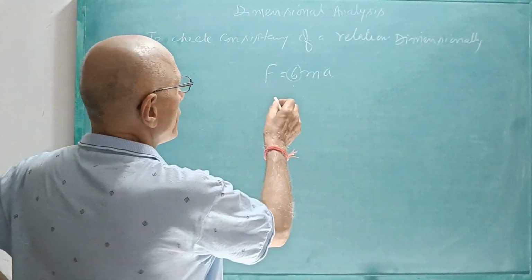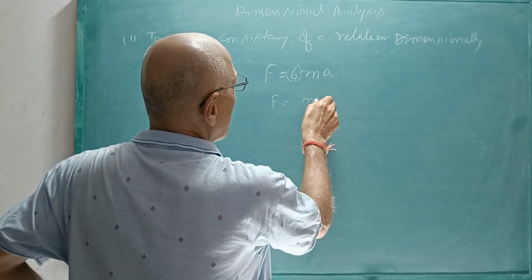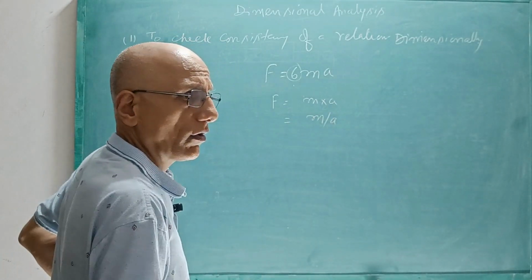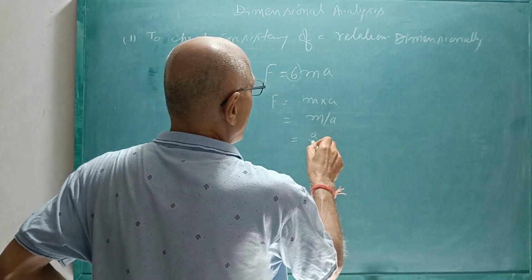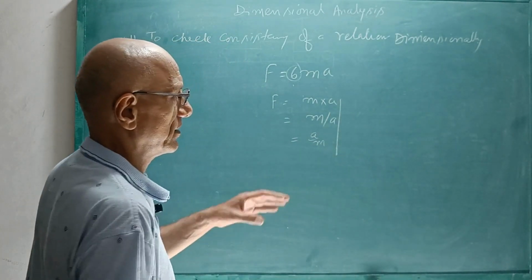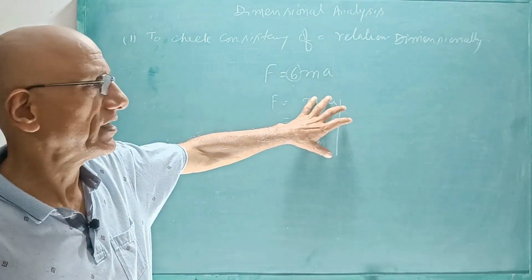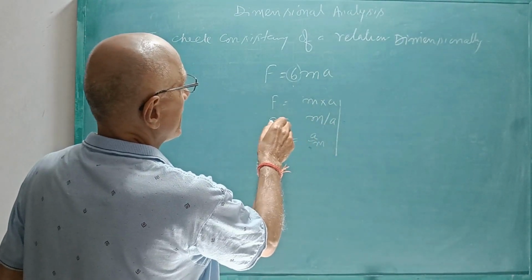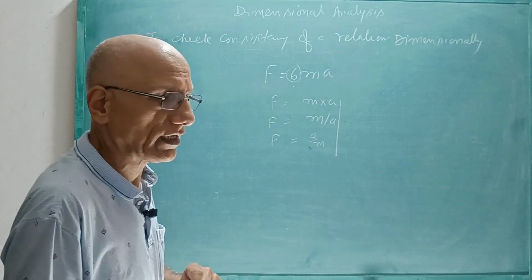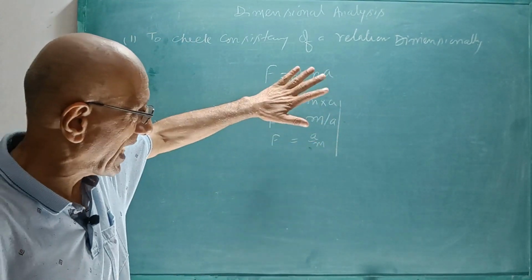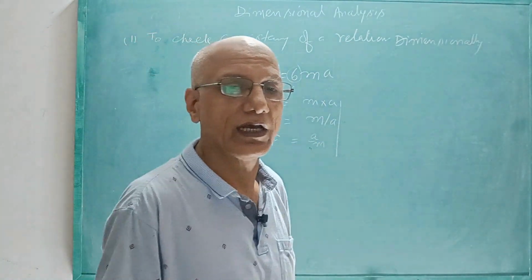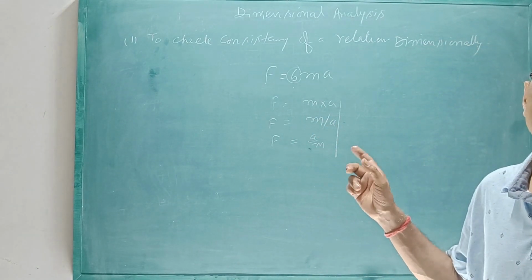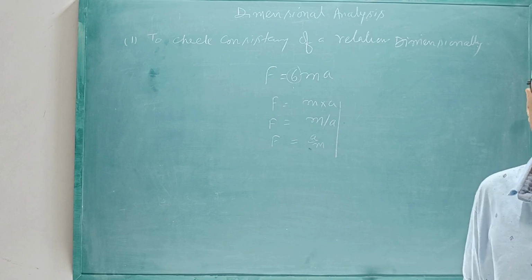Only whether this has to be M into A, or M upon A, or A by M, these things can be checked. You know which one is correct, but dimensionally you can conclude and come to know which relation is absolutely correct.